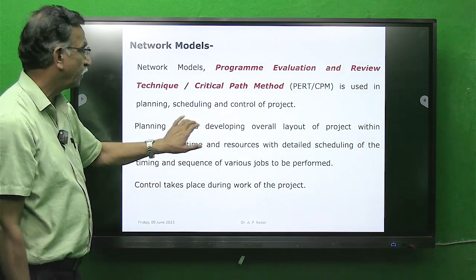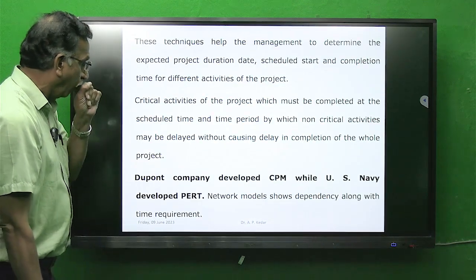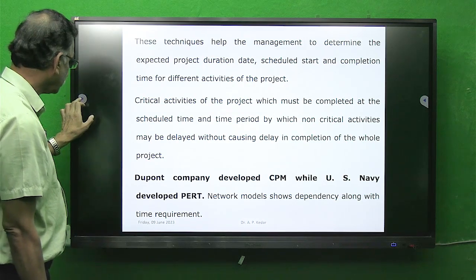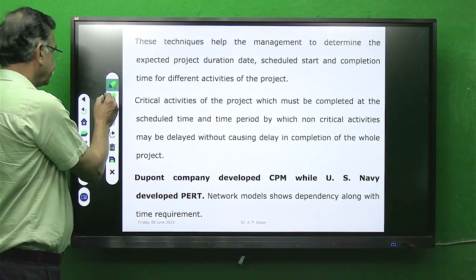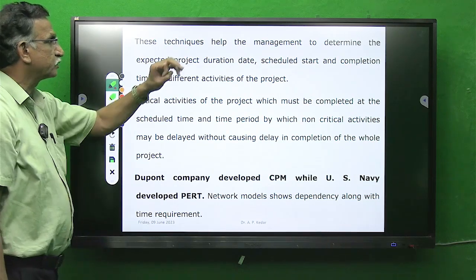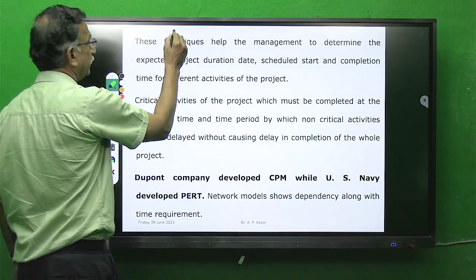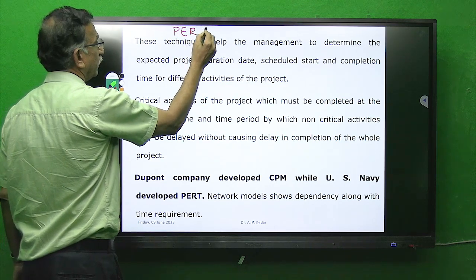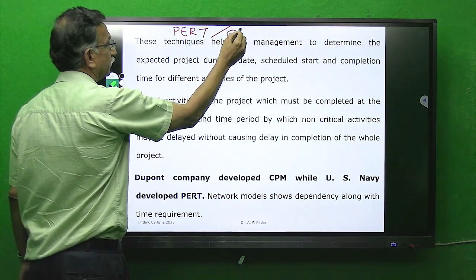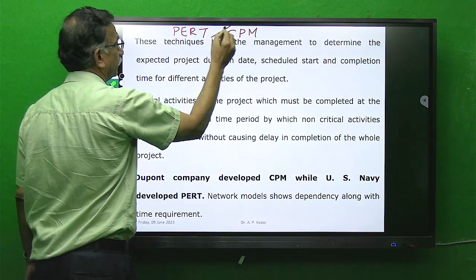Further, now again, this is an addition to the previous slide. These techniques, which techniques? PERT and CPM.